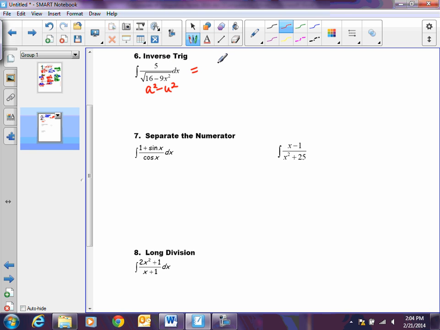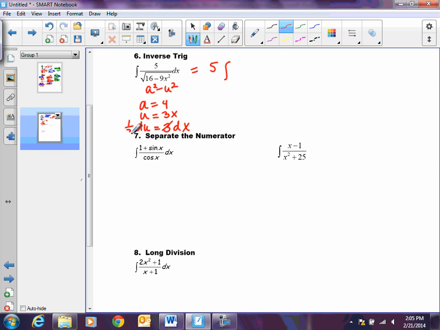The 5, by the way, I'm going to move out. Okay, so let's go ahead and mark our a. That's 4. Our u is 3x, right? Because 9x squared is u squared, so just u is 3x. So du then is going to be 3 dx.